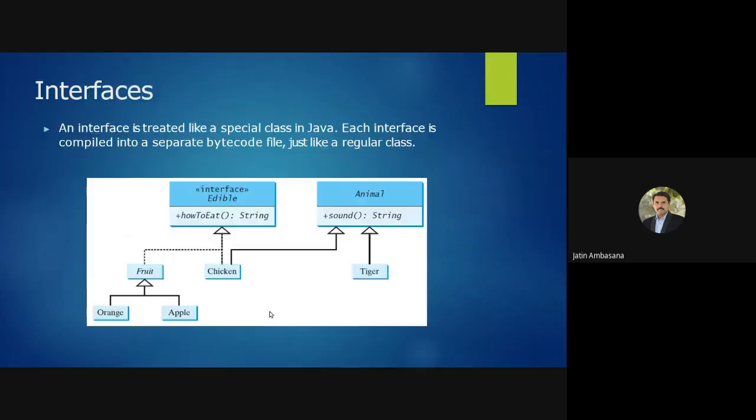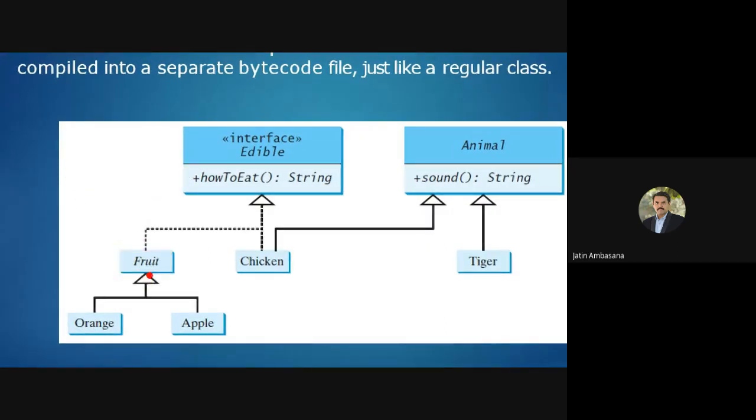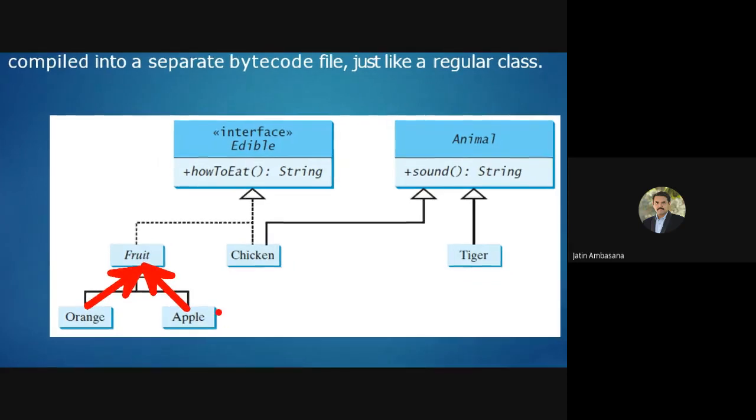Similarly, since fruit does not provide the implementation of how to eat, whichever class inherits from it, like orange and apple, needs to implement this method, which is being inherited from this level. You see, from this level it is being inherited. So this apple class and orange class need to provide an implementation of this method.